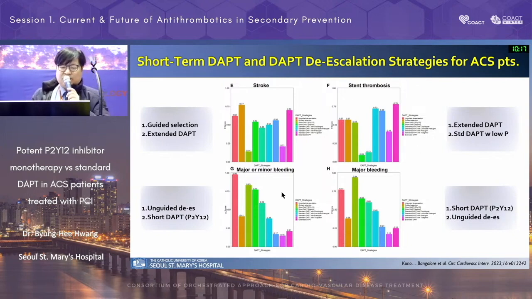And major or minor bleeding and major bleeding have some differences: unguided de-escalation is best in major or minor bleeding, but major bleeding is best in the short DAPT group. So this is a little bit different and complicated.